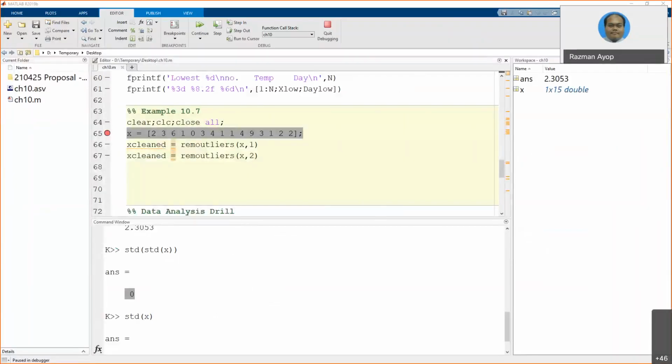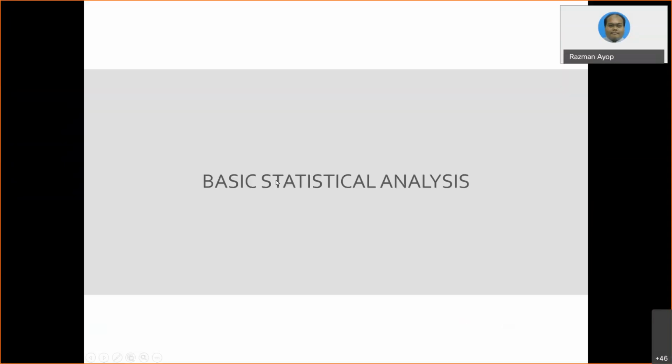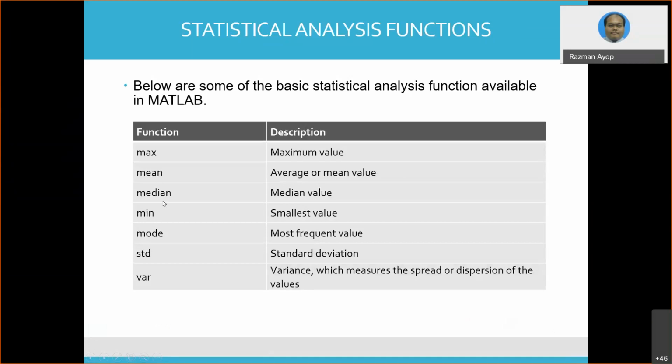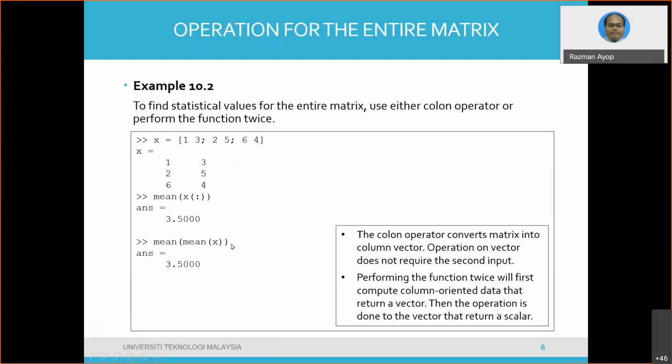Okay, that's it for chapter 10. So for chapter 10, if you recall back here, you understand how to use minimum, maximum, median, mode, standard deviation, and variation. How the data should be arranged, either column oriented or row oriented.